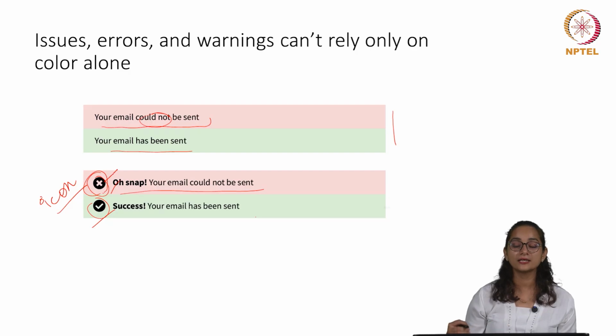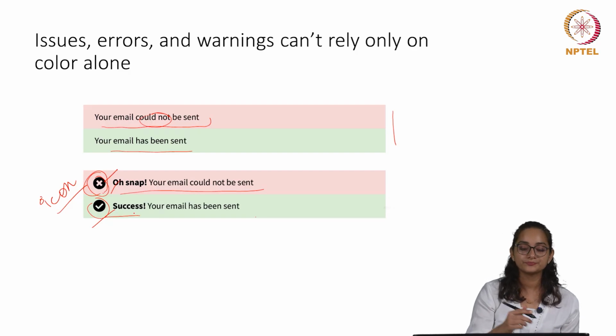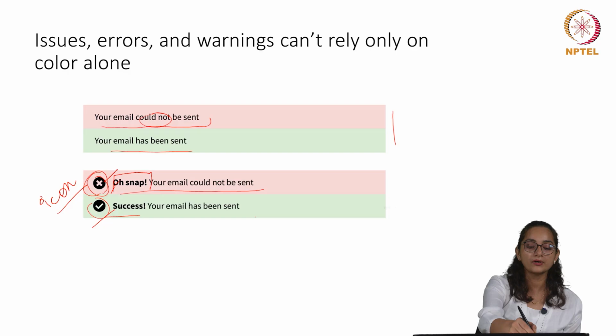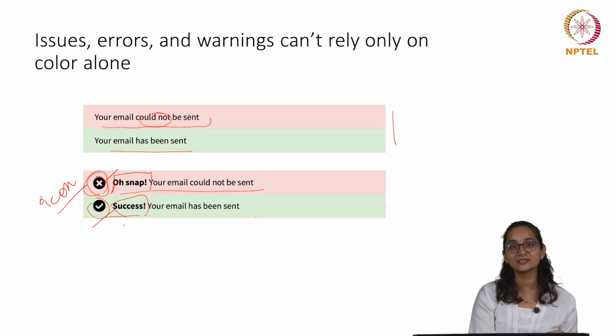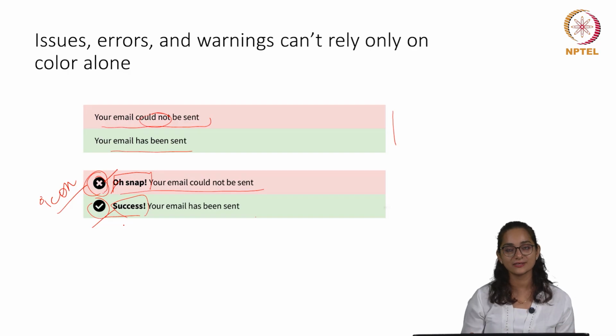So, when we are designing for young adults or people with ADHD or older adults, all of these things can be really helpful. And then also adding exclamatory phrases like oh snap, it couldn't go through, or success, yes it has happened.